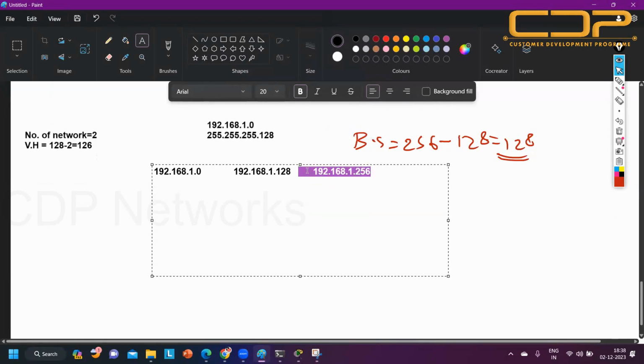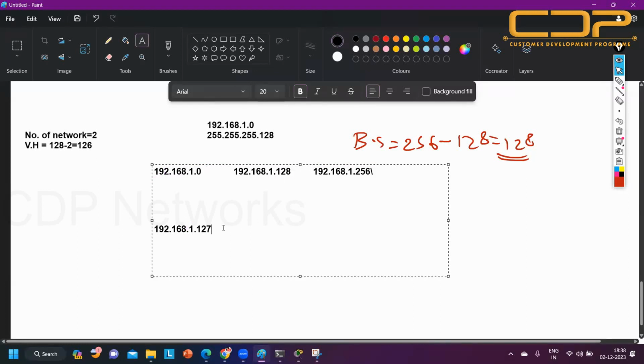So what will be the last IP address of the first network then? 192.168.1.127, because the next network is starting from 128. That means definitely this network is ending on 127. Then only the second network is starting from here, 128.